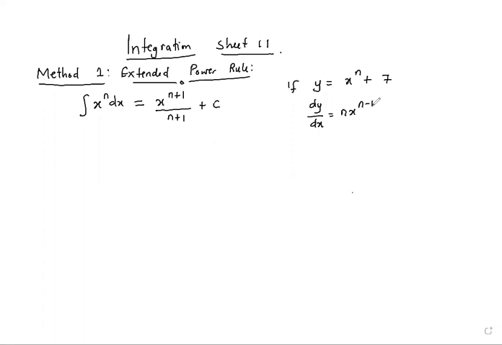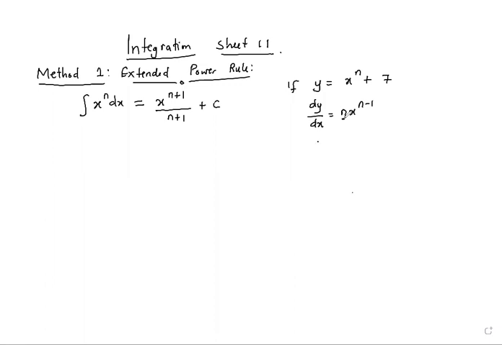Now because of the minus and the multiplication, when you integrate, you have to add and divide. So we divide to take away what was being multiplied, and then we add to bring back the one that was subtracted as we do the reverse.